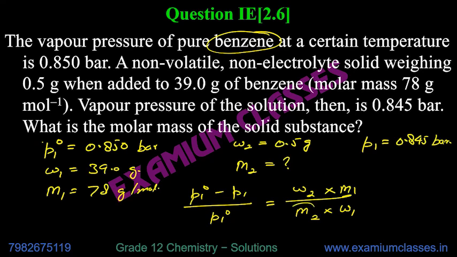You have to calculate this part. So first write it in this form or just substitute the values and you can get the answer. The important part initially is to focus on which one is solvent, which one is solute, which one is 1, which one is 2.